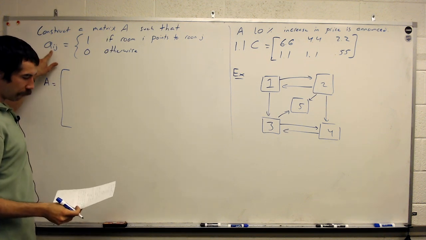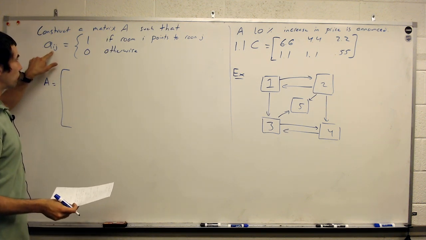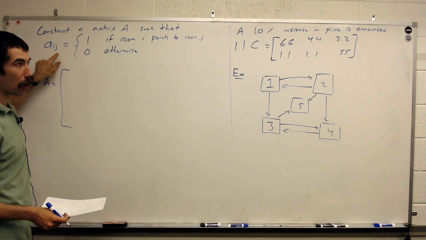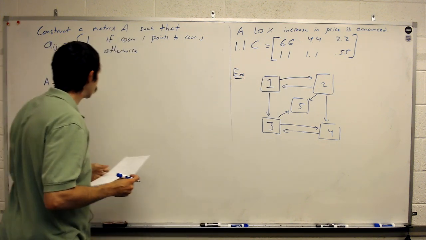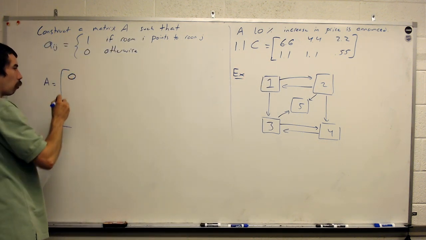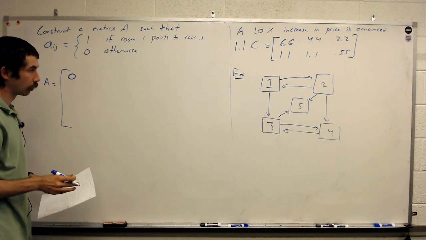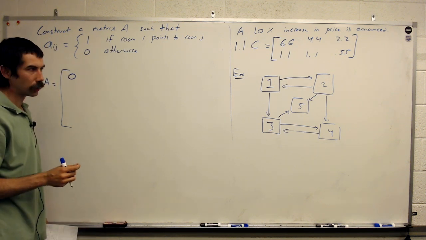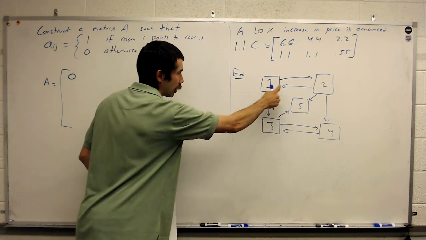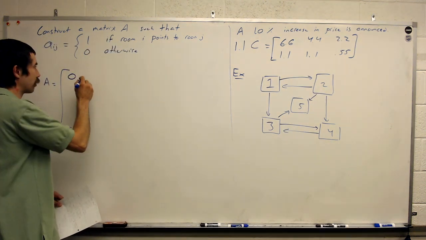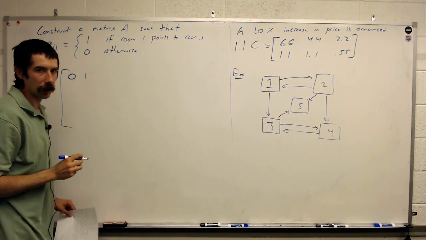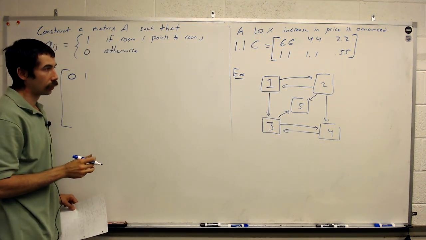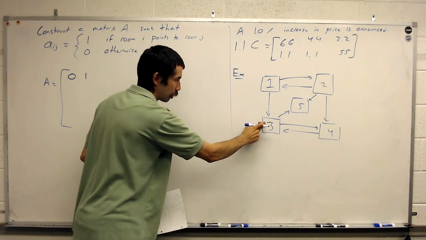All right, and now we can fill in our matrix. Does room 1 point to room 1? No, it does not. So we have a 0 in the 1, 1 entry. In the 1, 2 entry, does room 1 point to room 2? Yes. So we have a 1 in the 1, 2 entry. Does 1 point to 3? Yes.